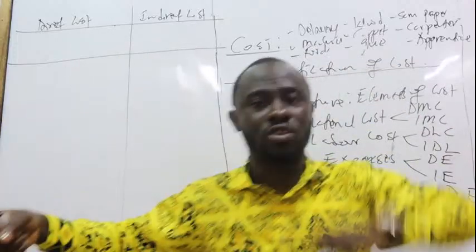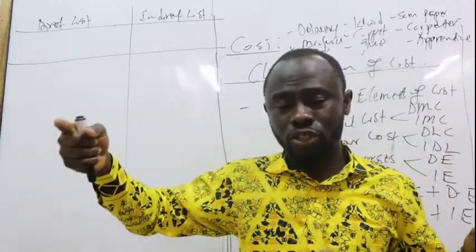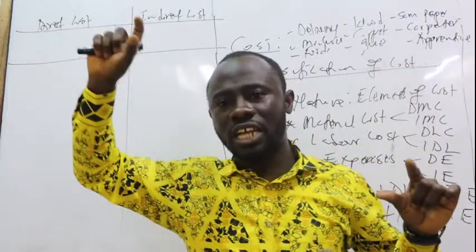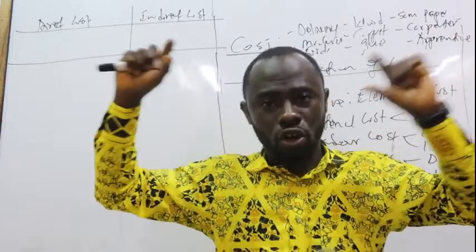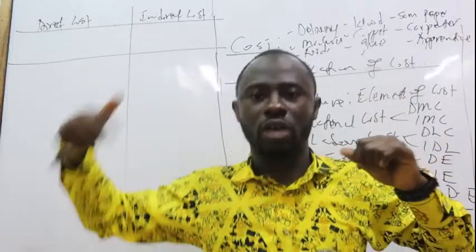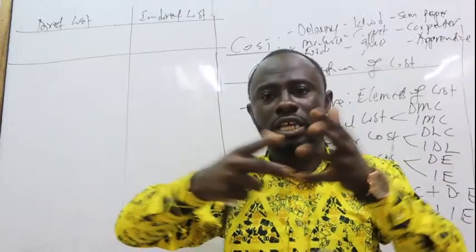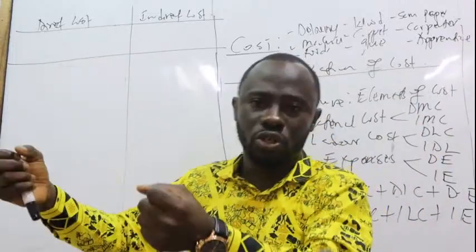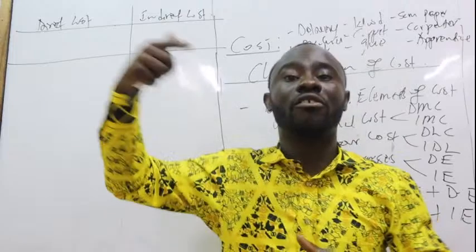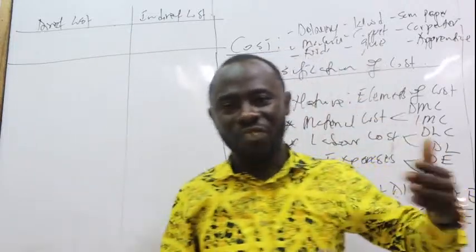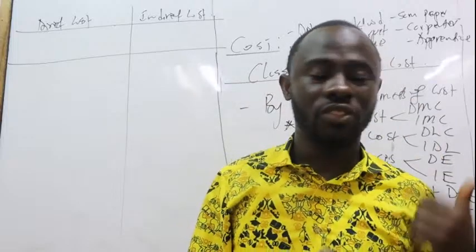Direct can be traced, indirect cannot be traced. Number two, summation. Direct adds up to prime cost, indirect adds up to overheads. Number three, controllability. Direct costs can be controlled, indirect costs are uncontrollable. Number four, it's about the percentage of each of the total cost. Direct costs cover a greater percentage of the total cost, whilst indirect cost covers a less percentage of the total cost.